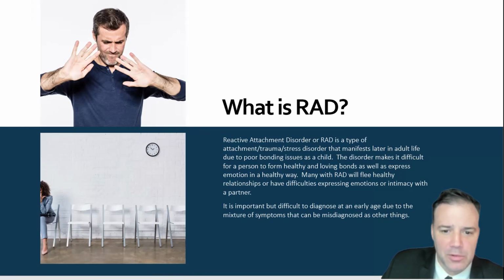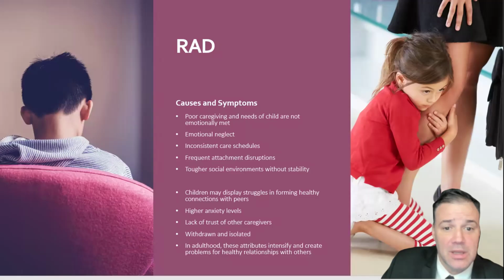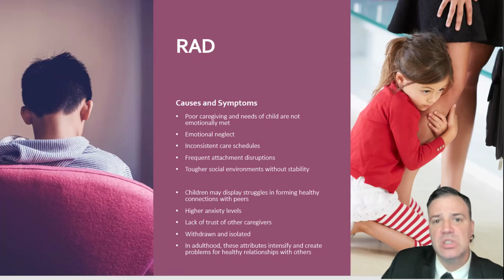So many with RAD will flee healthy relationships in their adult life, and they'll also have difficulty expressing their emotions or being intimate with their particular partner. So again, it's important to diagnose at an early age so that the symptoms do not become more extreme in adulthood itself. So let's look at a few causes and symptoms of this.